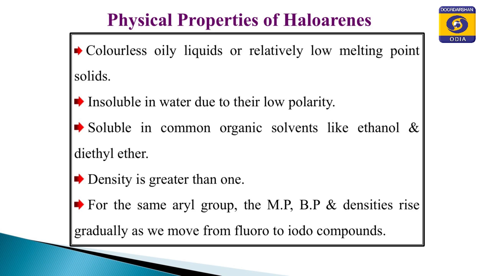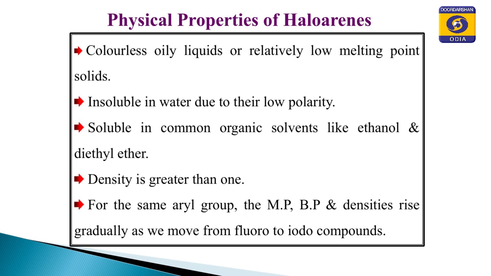Water is a polar compound, but because of the low polarity of the haloarenes, they are less soluble in a polar solvent like water. However, they are soluble in common organic solvents like ethanol and diethyl ether, and their density is greater than 1. The density of water is nearly 1, while the density of the haloarene is greater than 1.